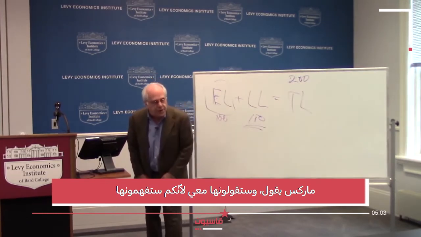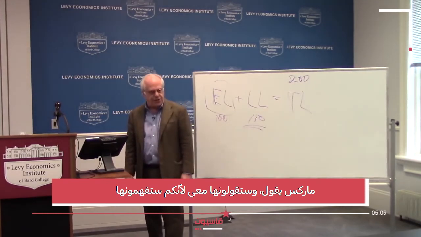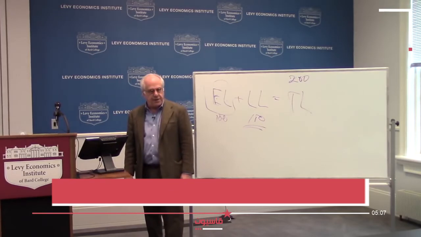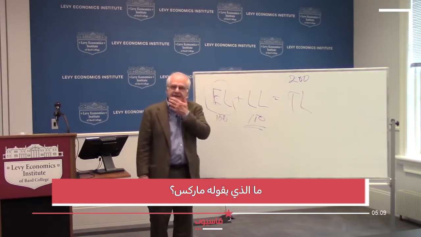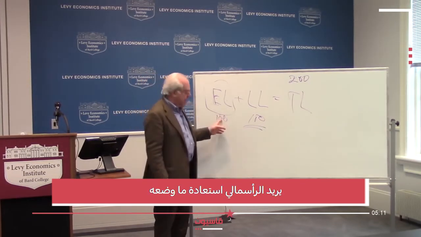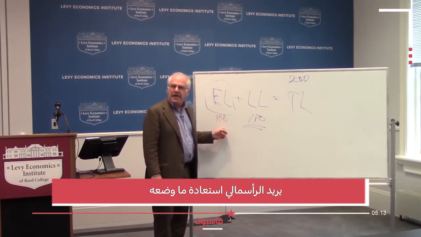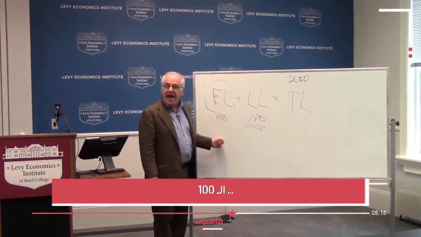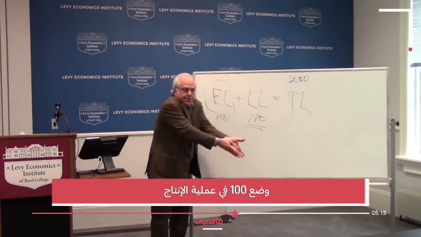Now, says Marx, and you're going to say it with me because you're going to understand this. Now Marx says, for the capitalist, he wants to get back what he laid out, 100. He gave 100 to the production process.